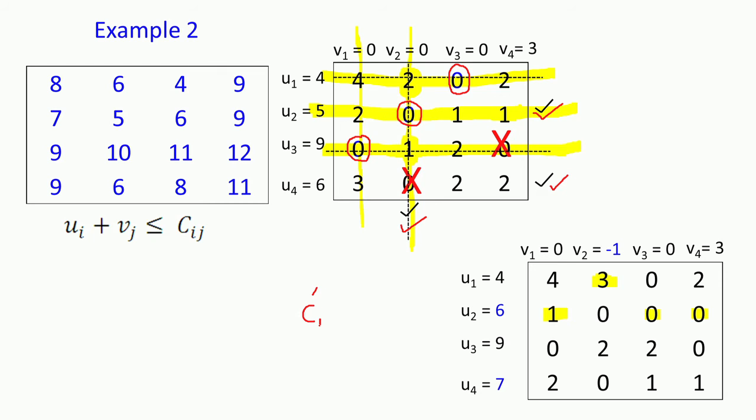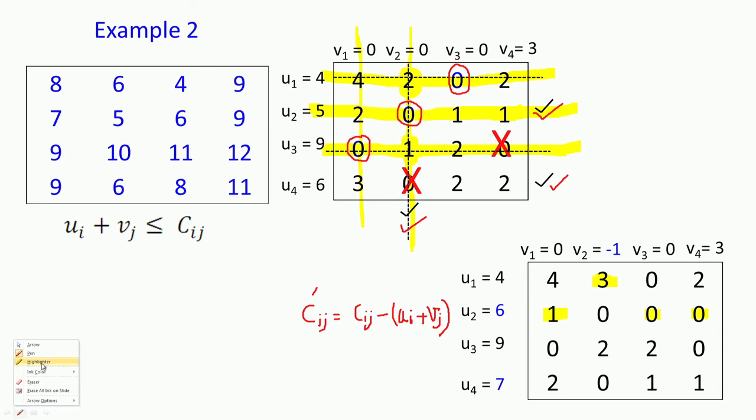We now realize that this set of values that we have now, if we call this C dash ij, then this C dash ij is equal to Cij minus ui plus Vj. Let me explain this.